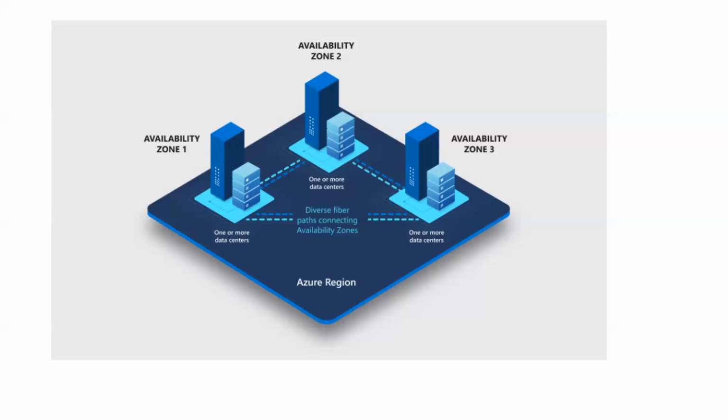If there is flooding, both will be gone. Then the high availability definition is wrong. High availability means it should be available irrespective of the situation. That's why they use either one or two data centers, but individually operating, preferably apart, not immediately next to each other. That is a high availability zone.